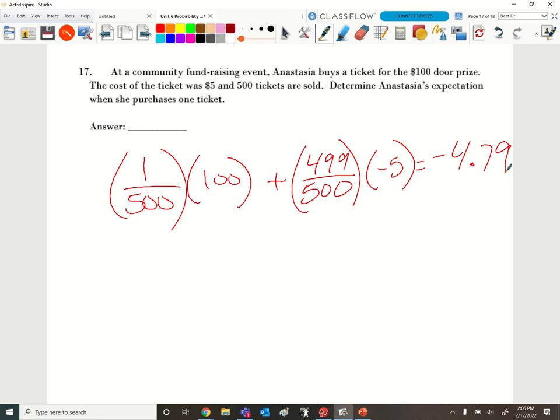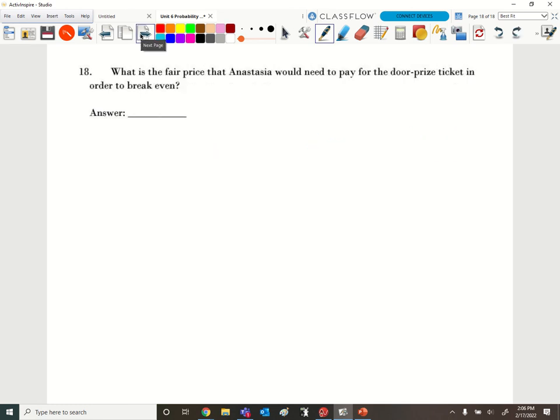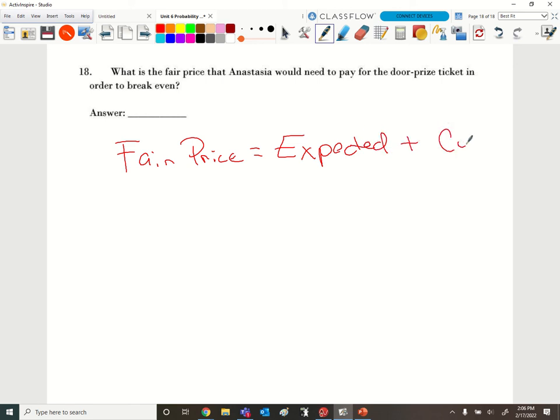But now on question 18, if you looked at the notes, we have fair price is equal to my expected plus cost. Fair price is always the expected plus the cost. So this came from my previous problem. What was my expected outcome on that previous thing?